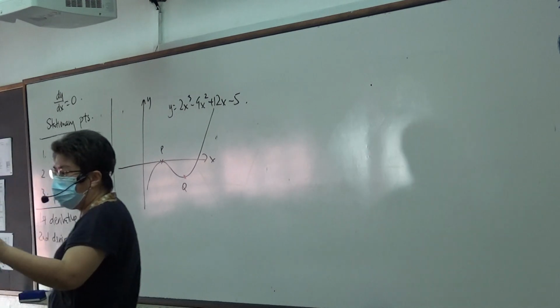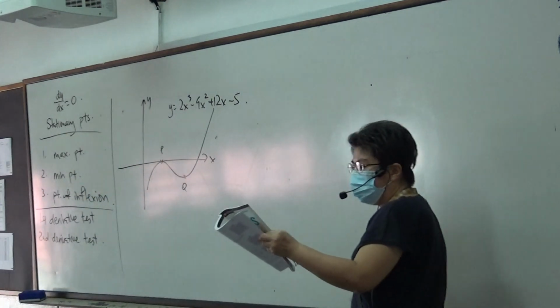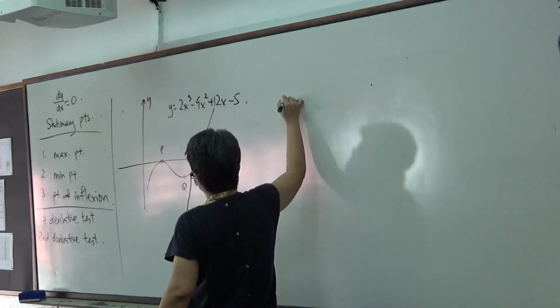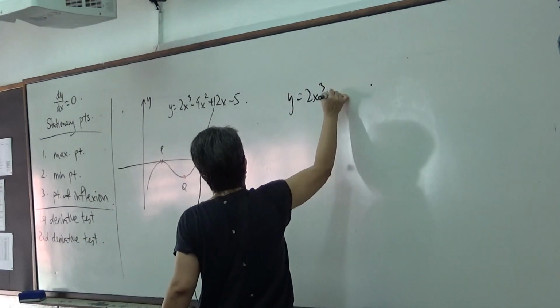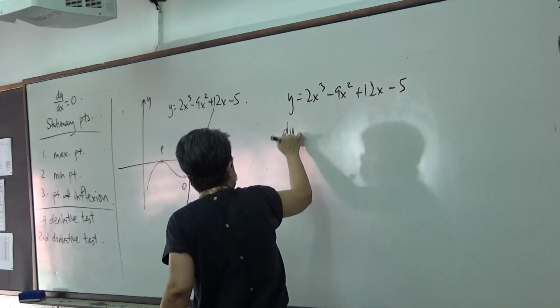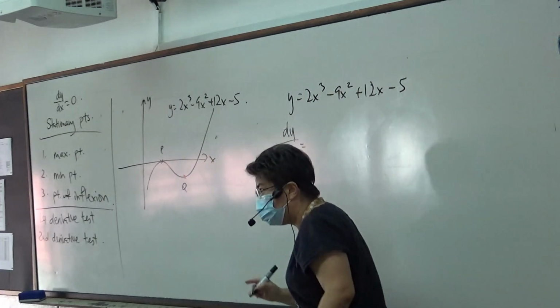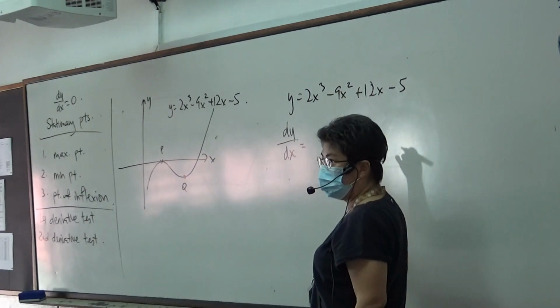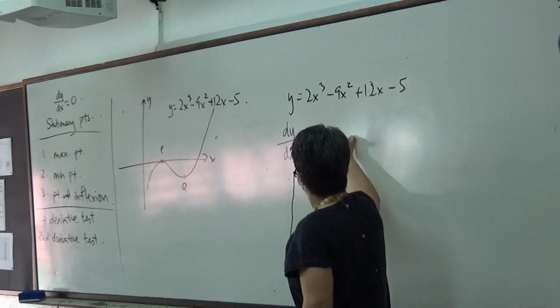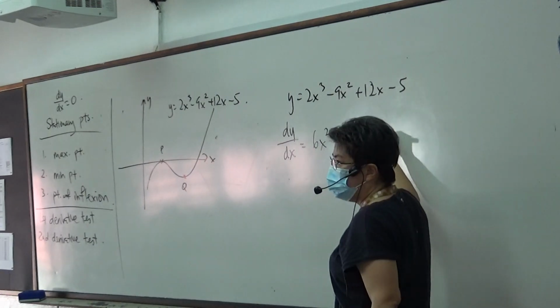Now, the diagram shows part of the curve and two stationary points P and Q. Find dy/dx. Of course, this one is revision: how to differentiate? It is 6x squared minus 18x plus 12.